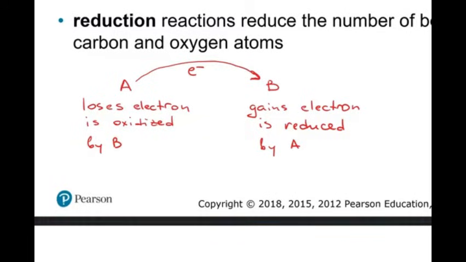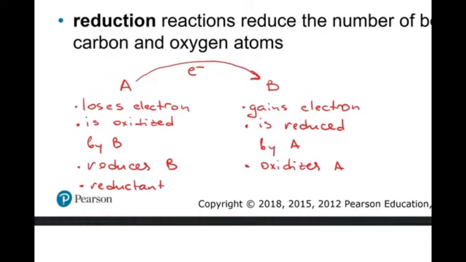Or we can say that A reduces B and B oxidizes A. So A is the reductant and B is the oxidant.